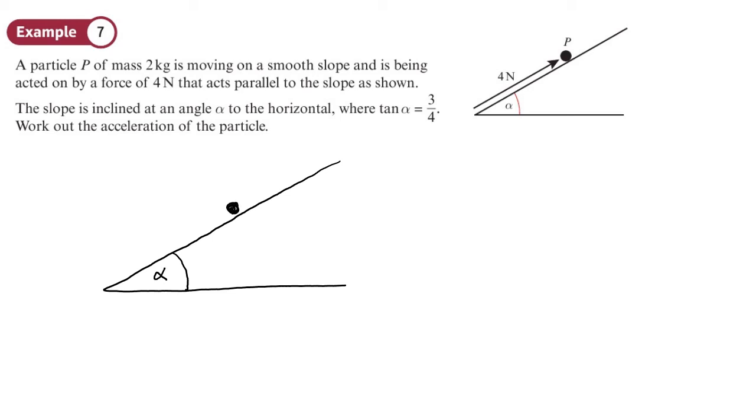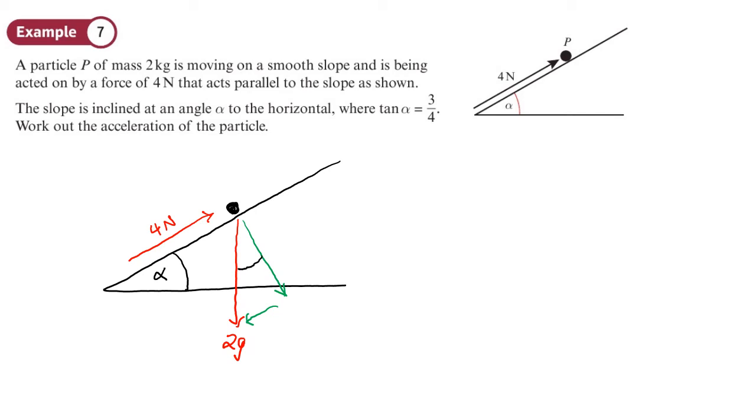We're told that the mass of this thing is 2 kilograms, so 2g is the weight. We have a force of 4 newtons pushing up, which is parallel to the slope. This force will need splitting up into its components.